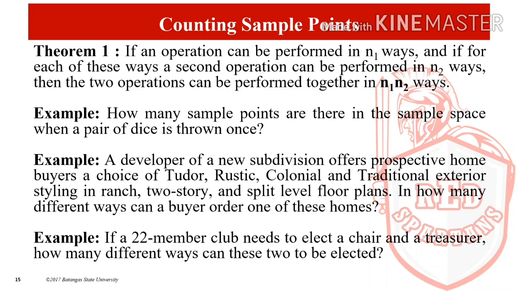Kasi hindi naman pwede na yung isang member ay siya na ang chair, siya ang treasurer. So, isang position for isang member. Kaya, n sub 1 natin is 22 and n sub 2 is 21. So, multiply lang natin, multiplicative rule. So, ano ba yung 22 times 21? So, meron tayong 462 different ways.